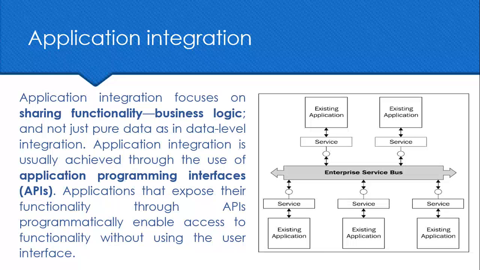This means that there is certain functionality of GCash from Globe which is shared with Shopee. Okay, so this is an example of application integration. This is in the form of creating application programming interfaces.